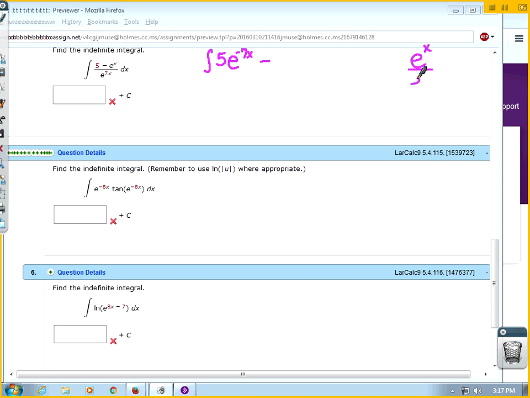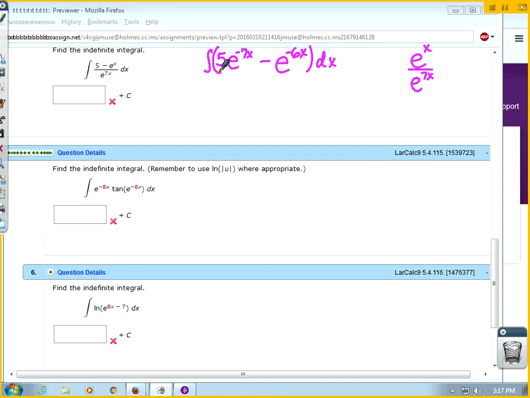So think, what do we do with our exponents? We're dividing, so we subtract the exponents. So x minus 7x is negative 6x. So it's minus e to the negative 6x.